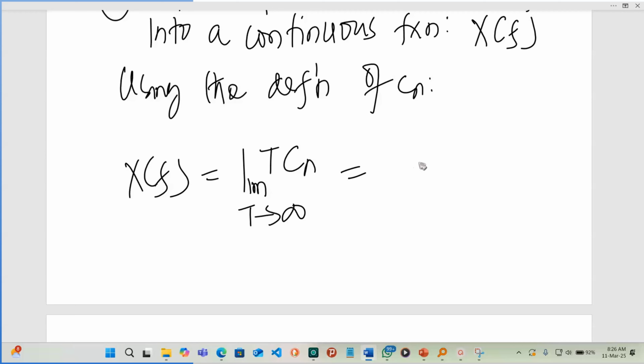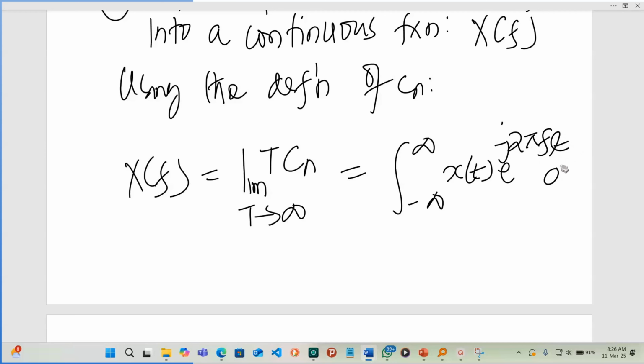This becomes the integral from negative infinity to infinity of x of t exponential of negative j 2 pi f t dt. So this frequency is no longer a set of discrete values, but now becomes a continuous variable.